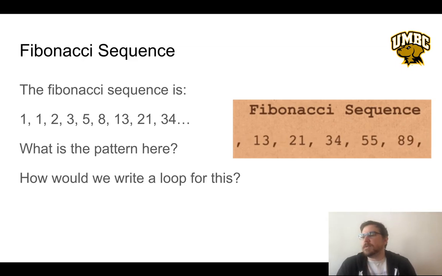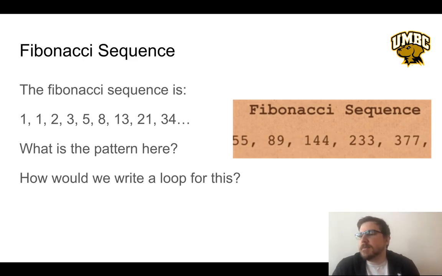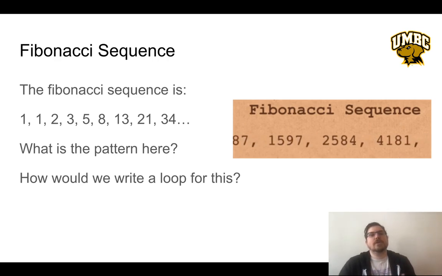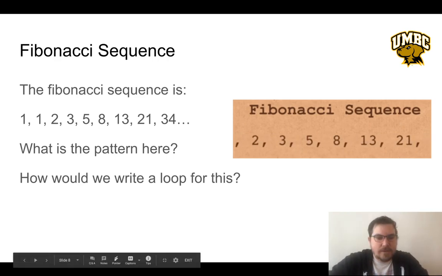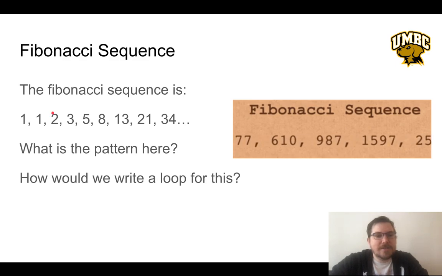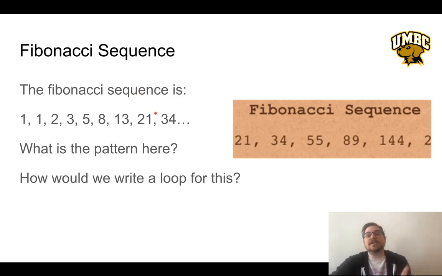Yeah, it's the number plus... so 1 plus 1 is 2, 1 plus 1 is 2, 1 plus 2 is 3, this is like a sing-along. 2 plus 3 is 5, 5 plus 8 is 13, 8 plus 13 is 21, so each term is the sum of the two terms before it. That's it.